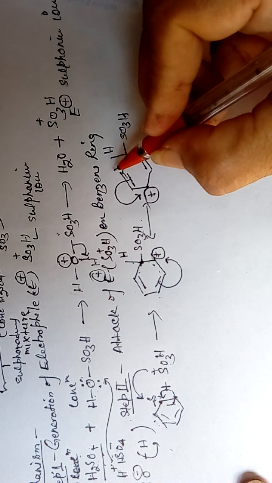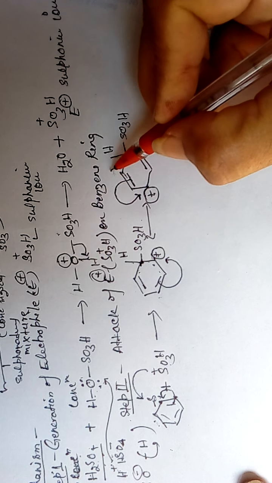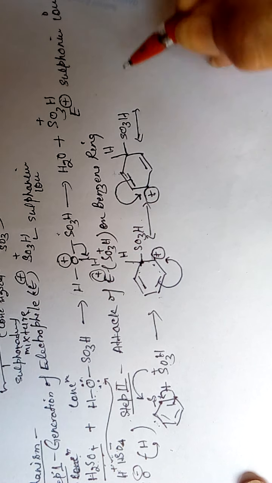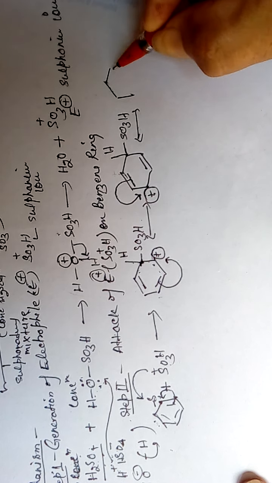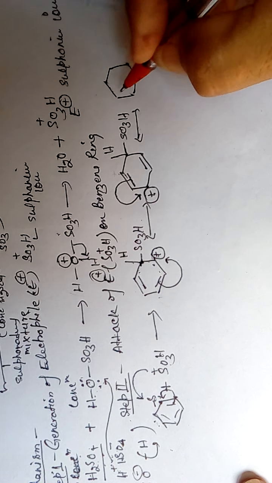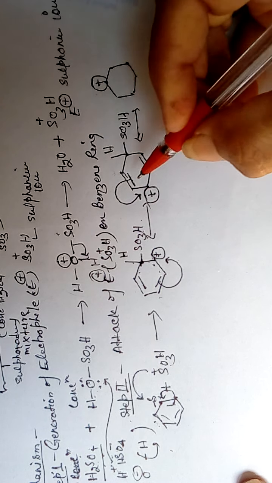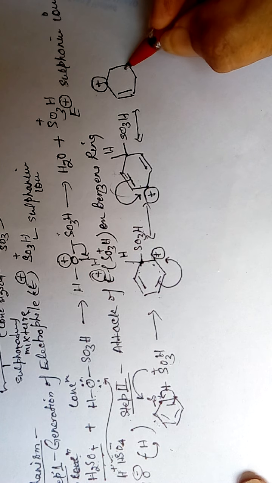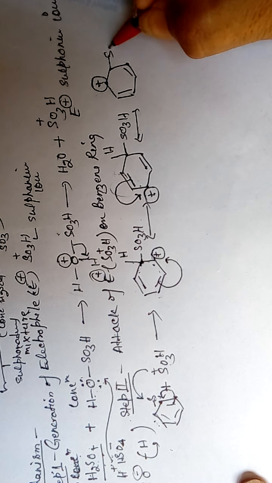So in the next structure, a positive charge comes on this carbon. The next structure has a positive charge here, this double bond shifts here, and there is a double bond also, with SO3H and H present here.